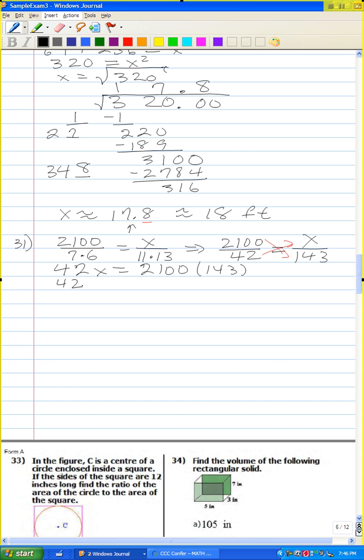And so I get that 42x equals 143 times 2,100. Let's add this. 300, 300 divide by 42.